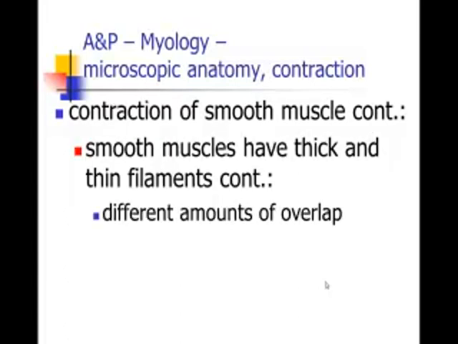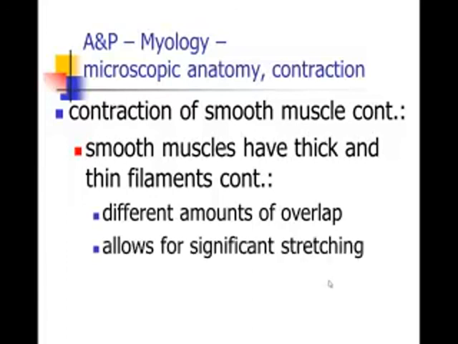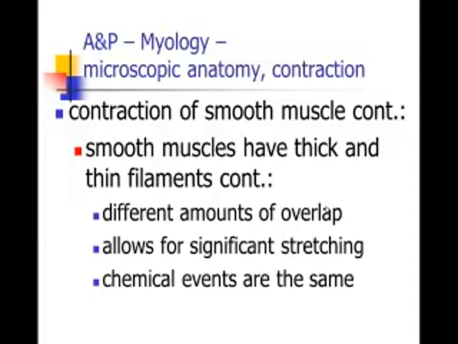So there are also going to be different amounts of overlap between these actin and myosin, and because of that, it means that the cell can stretch quite a bit and still be able to contract, and that works out really well for things like the urinary bladder or the uterus, or tubular structures like that that need to have significant amounts of stretching.